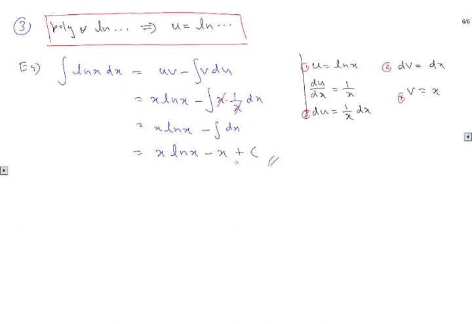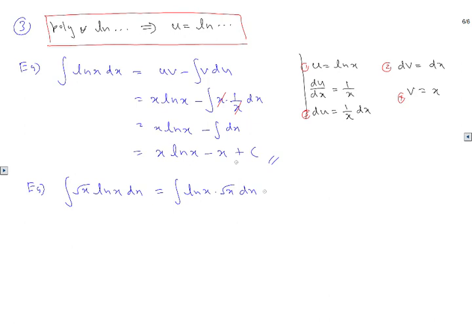Okay, so maybe let's do one more. How about this one: the integral of x square root ln x dx. According to theory, if we have polynomials and a log function, we pick the ln as the u function. So I'm going to rewrite this as ln x times square root x dx.